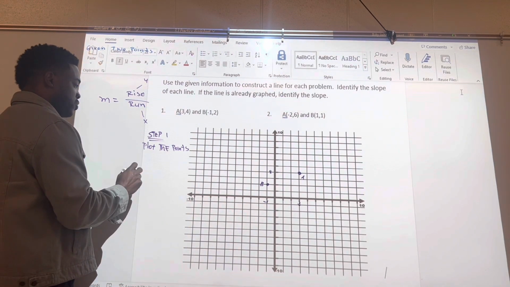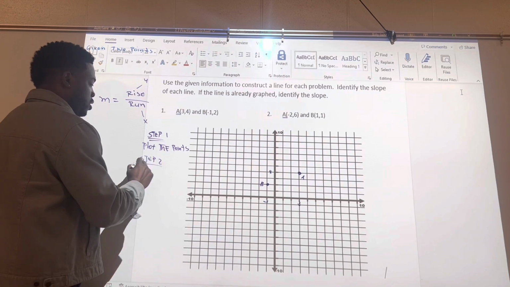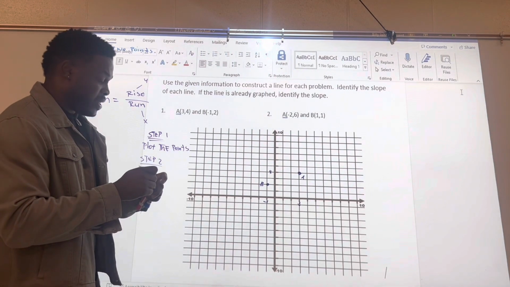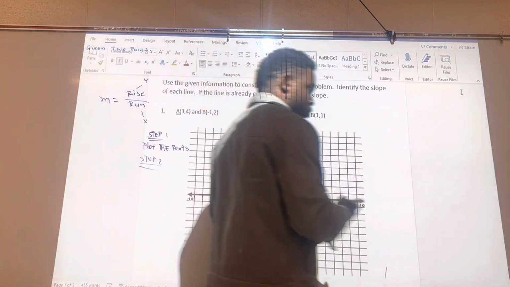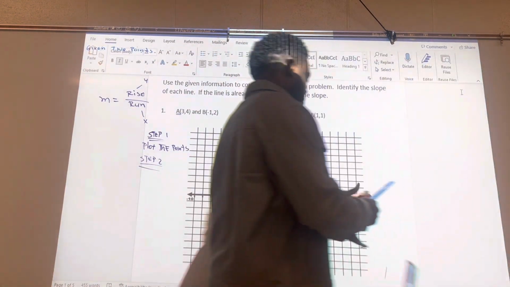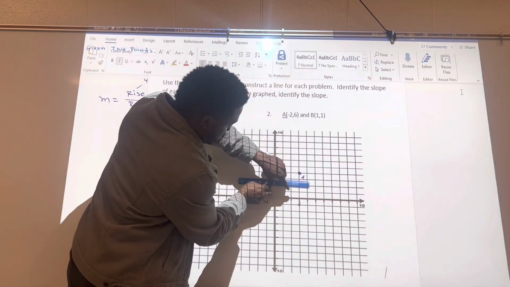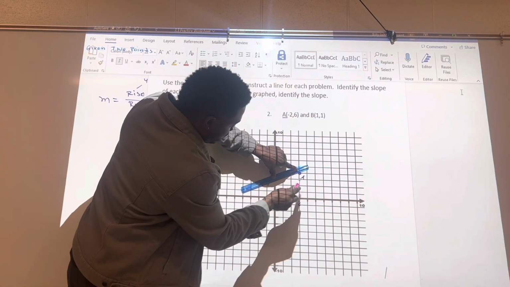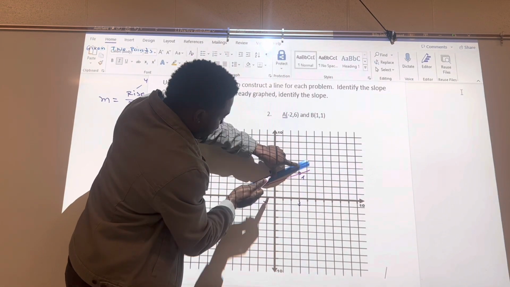And then step 2, we graph, meaning that we will draw a line through the points. So let's draw a line through the points. So this is our line.